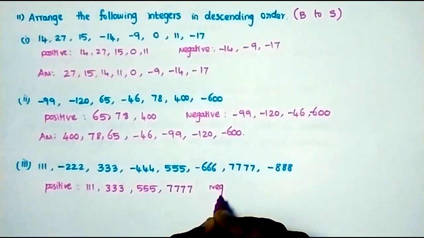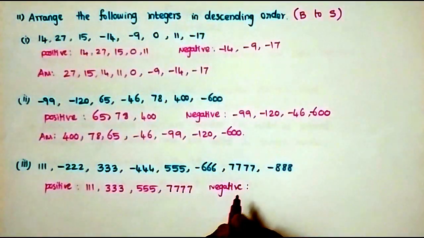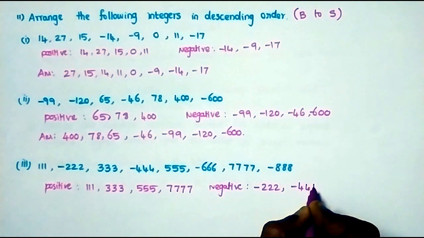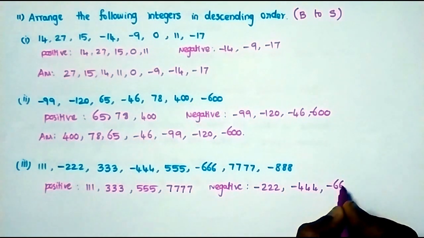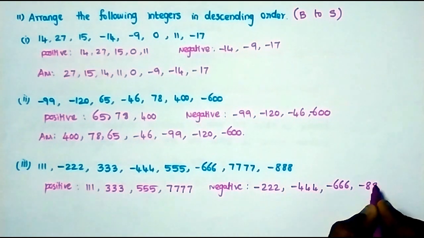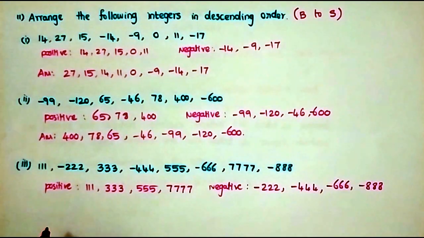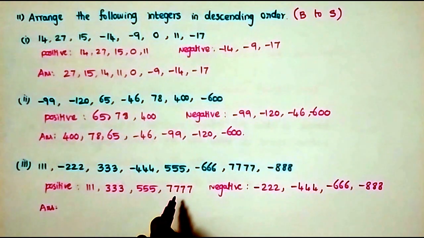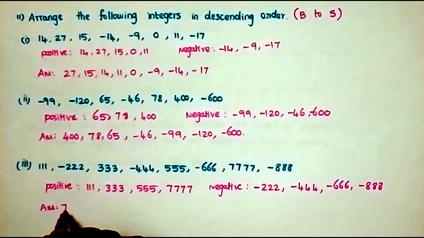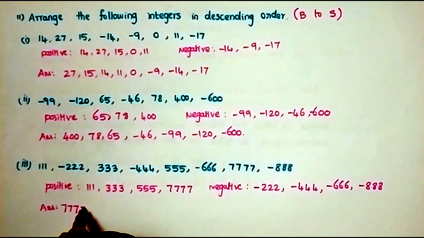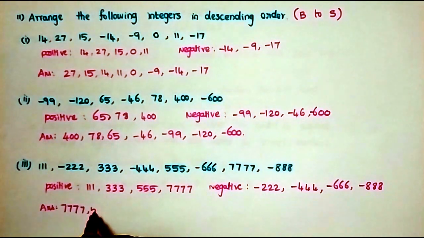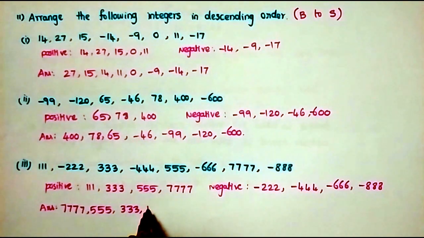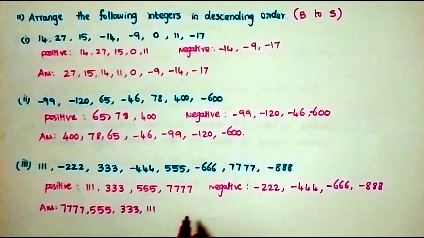Now negative integers: minus 222, minus 444, minus 666, minus 888. Now write down the answer. Which one is the greatest one? 7777, and then 555, and then 333, and then 111.